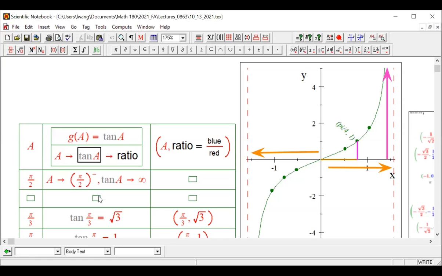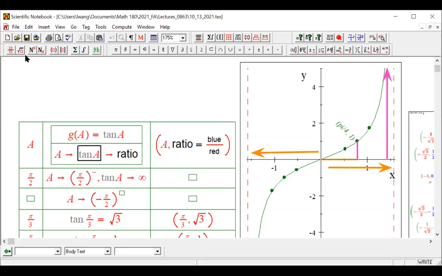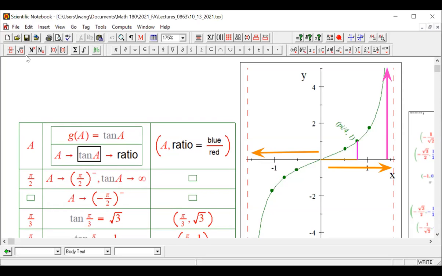Okay, so as A approaches, these notations, you have to follow me to understand them, okay? When I was teaching calculus class, sometimes it takes half a semester for some students to understand the notation. By that time, they have lost 10, 20 points already, okay? So we are approaching negative pi over 2 from larger than negative pi over 2. From larger, okay? Because this is from right to left.